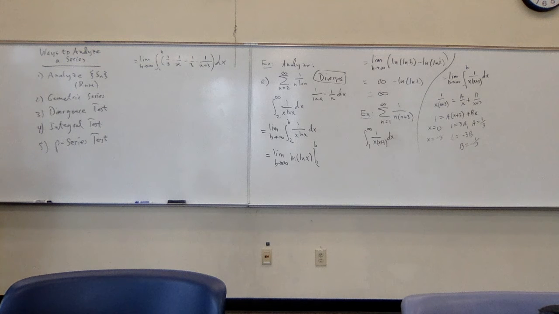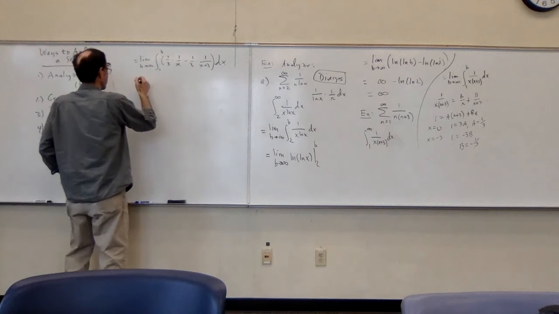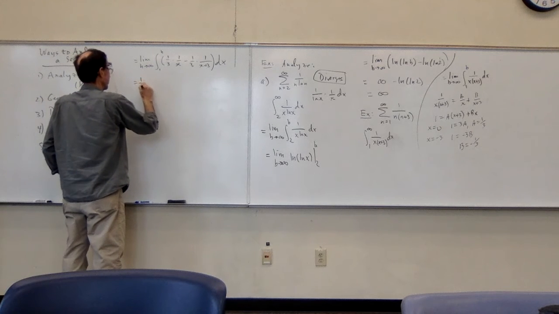Okay, everybody with me? Let's factor those 1/3 out. We're lucky we've got the same constant plus or minus. Just get it out of our way. And we can even take the antiderivative while we're at it.